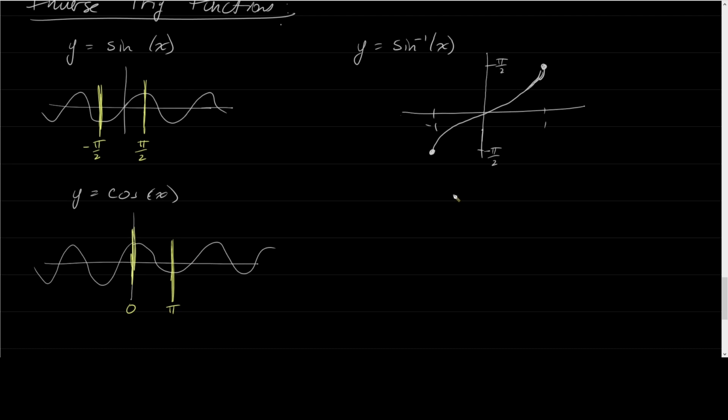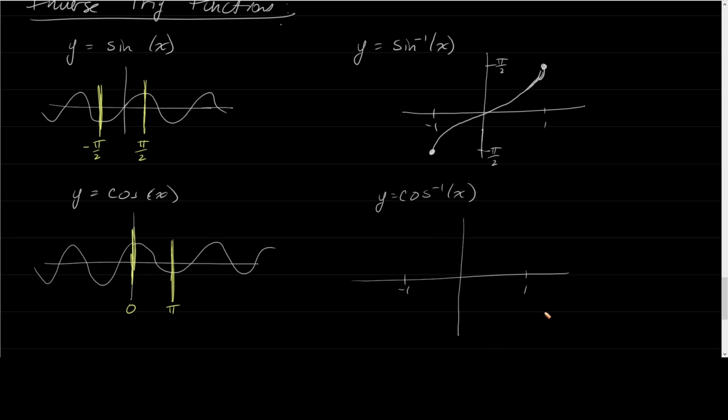And what we end up with as our function for cosine inverse, let me just change the color there. For that function, we end up with the following graph. Also from negative 1 to 1 as its domain, just like sine inverse.